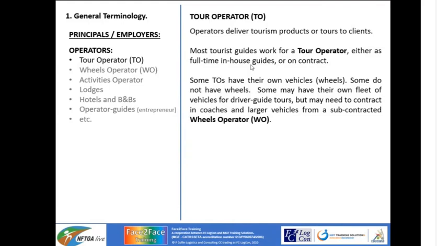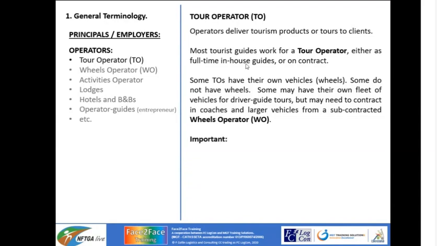Those vehicles are often referred to as wheels. So if you want to register as a tour operator with an organization such as SATSA, they have 2 categories. They have tour operator and tour operator with wheels. You also have operators that operate only wheels. They don't sell tours. They just sell vehicles to other tour operators that need them. So those are called wheels operators.